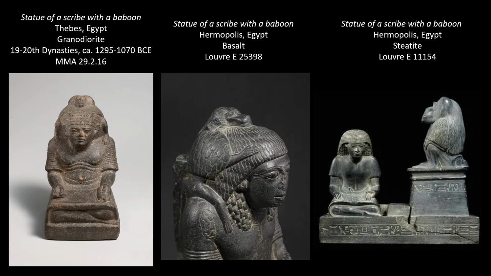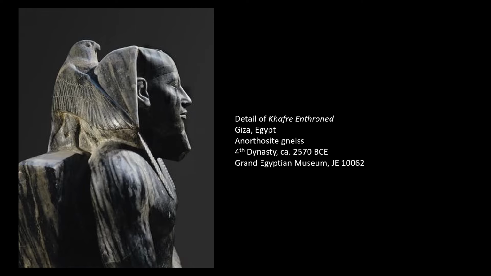We do have precedents in these depictions of an animal embracing a person's head. So probably one of the most well-known ones is the sculpture of King Khafre, where the wings of Horus, the sun god, seem to protect the head of the king, protecting the reigning monarch of Egypt.